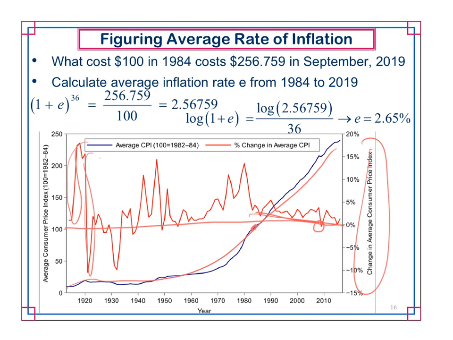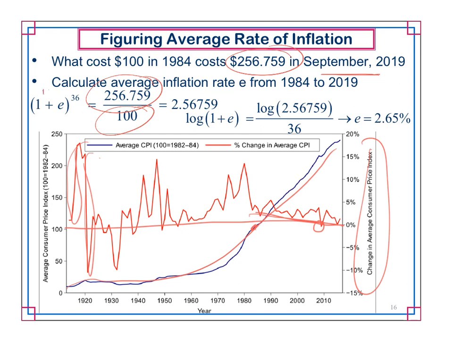One other thing that I showed you here is how to actually do the calculation. So I just pulled this data. This is the average of the 3 years, and then I started at 1984, and then I went to September 2019, which was the basket of goods. I put that over here, and then I just solved for my inflation rate by using 1 plus i, or r or whatever you want, raised to the n power.